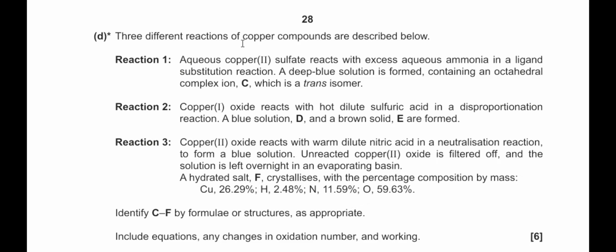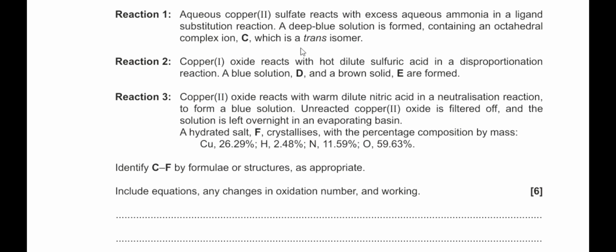3 different reactions of copper compounds are described below: reaction 1, reaction 2, and reaction 3. Let us look at the overall task for us in the question. Identify compounds C to F by the formulae or structures as appropriate, and include equations, any changes in the oxidation number and working.